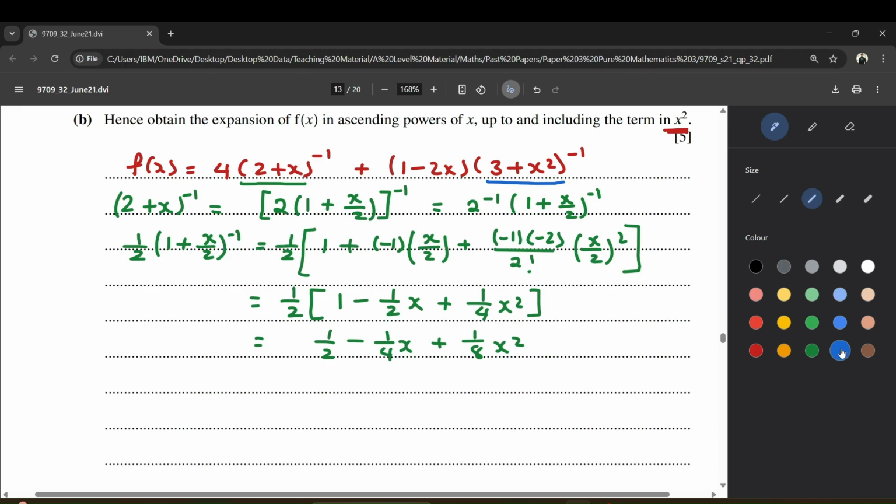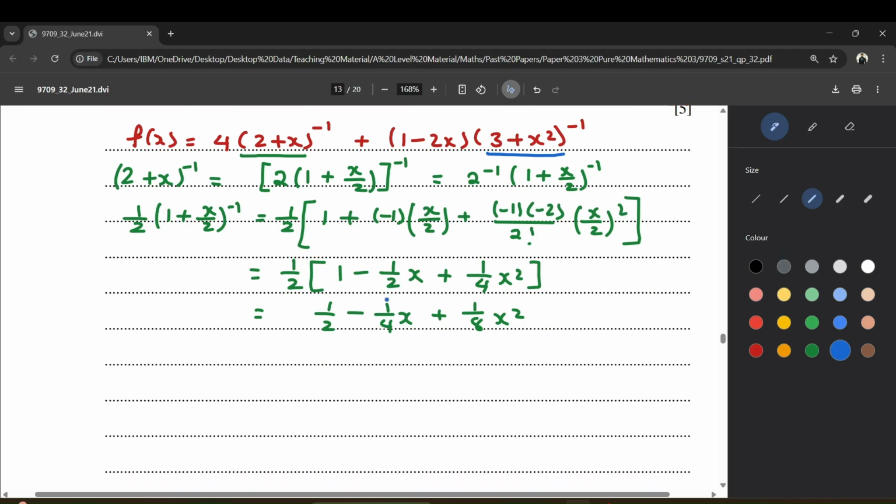Now we're going to proceed with 3 plus x square to the power minus 1. Again, we have to factorize this. So this will be 3 times 1 plus x square upon 3, and then you put back the bracket with minus 1.